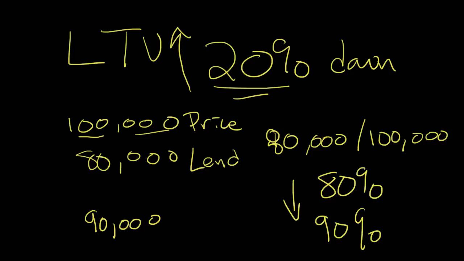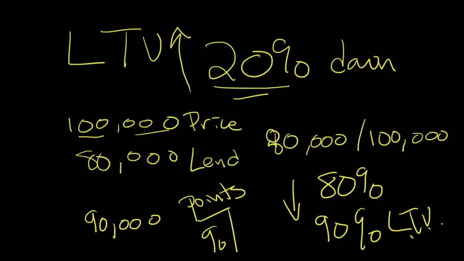Basically they're saying, the buyer is only putting down 10%, and therefore maybe the buyer doesn't have as much skin in the game, and consequently we need to really look at this deal. They may charge you more for this type of mortgage, and they might ask you to put down some points, for instance. They might charge you a higher interest rate, or they might charge you what we call PMI.